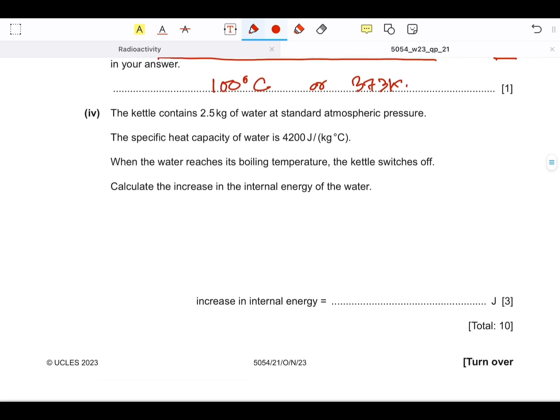Okay. The kettle contains 2.5 kg of water at standard atmospheric pressure. Specific heat capacity is 4200 joules. When the water reaches its boiling temperature, the kettle switches off. Calculate the increase in the internal energy of the water.